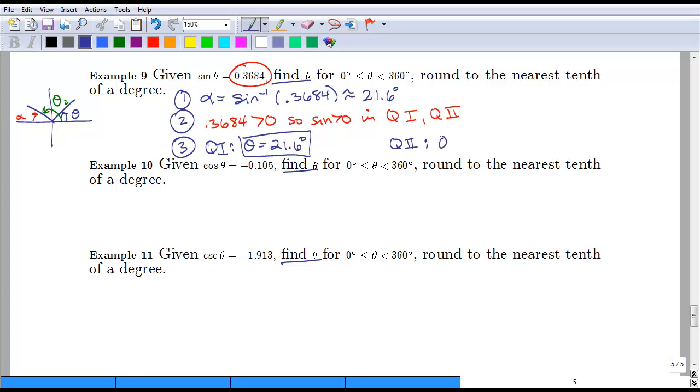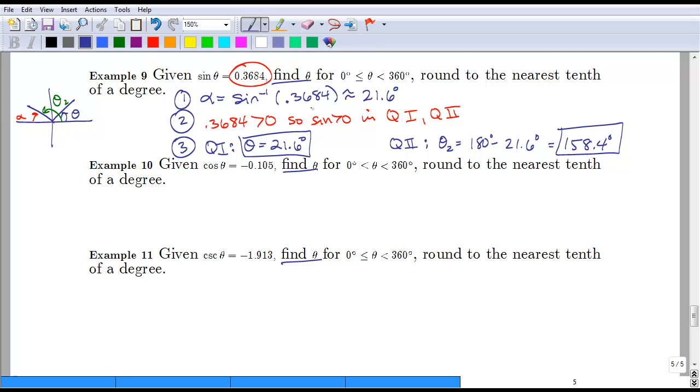So in quadrant 2, theta 2 is going to be 180 minus our reference angle, 21.6. And we end up with 158.4 degrees. So these are the 2 angles that will produce the ratio 0.3684. Those 2 angles will give us that correct ratio.